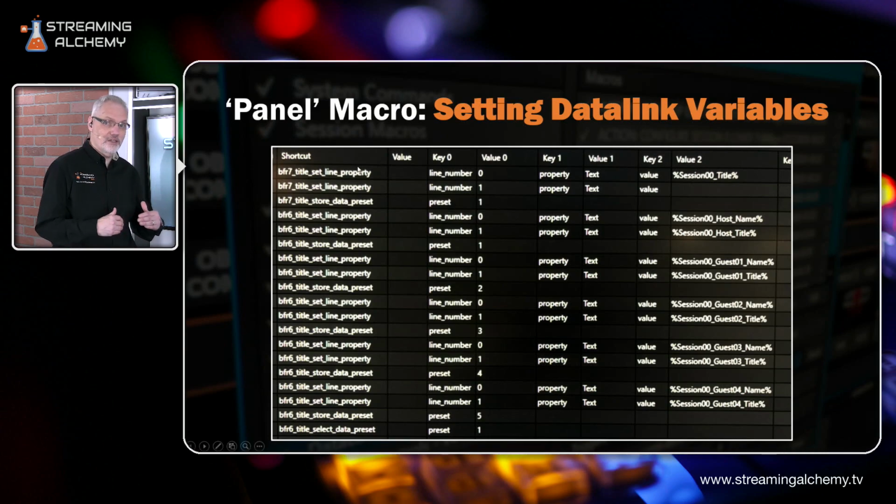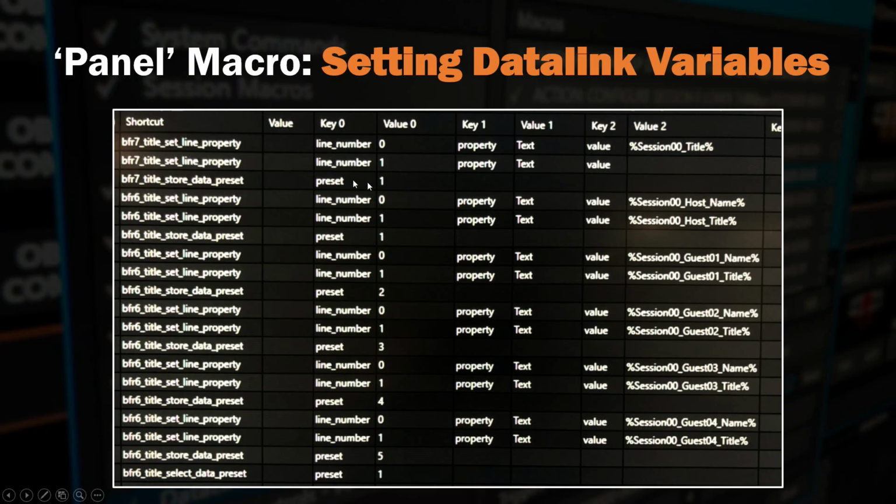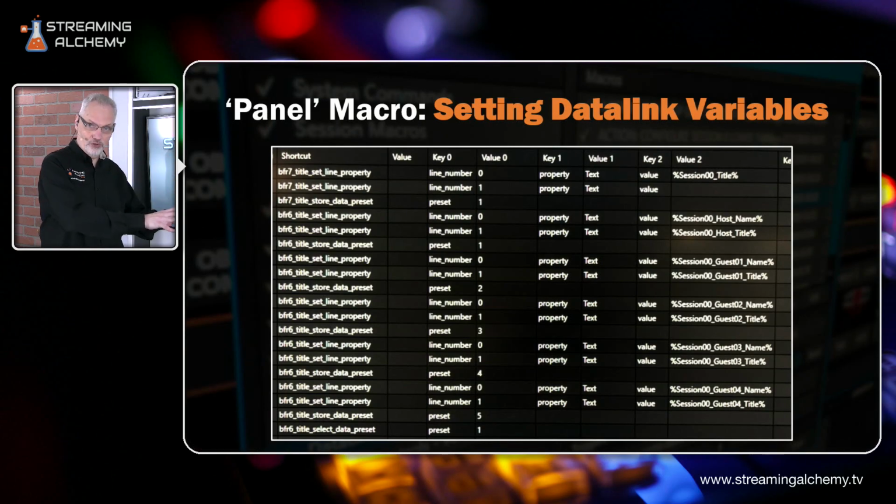What we did to make this work is if I say set everything up for session 0, it runs this macro and loads all of the data from the file we have set up, and for each one of these, it sets them into preset 1, and then runs through preset 1, preset 2, 3, and 4. So this was effectively setting up the panel host, and then we also had each one of the panel guests, and it let us do all that with a simple macro push.